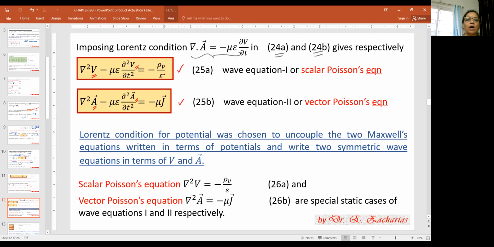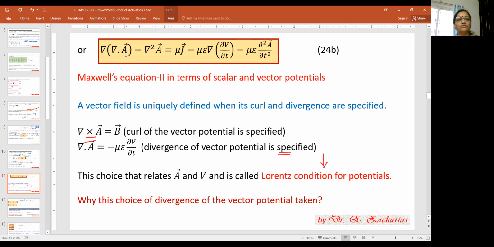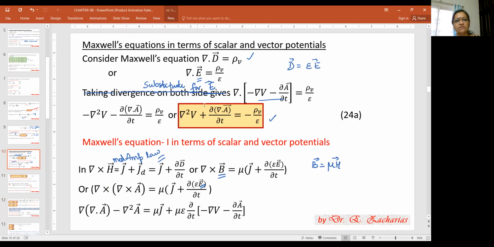Before applying this condition, let us go back to both those equations and see. You're seeing that this equation involves both A and V, and it didn't look elegant at all. Similarly in this one, you see V and A were there.